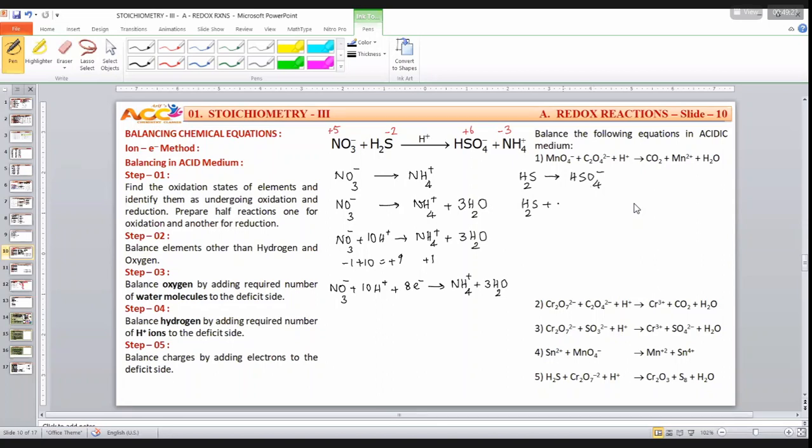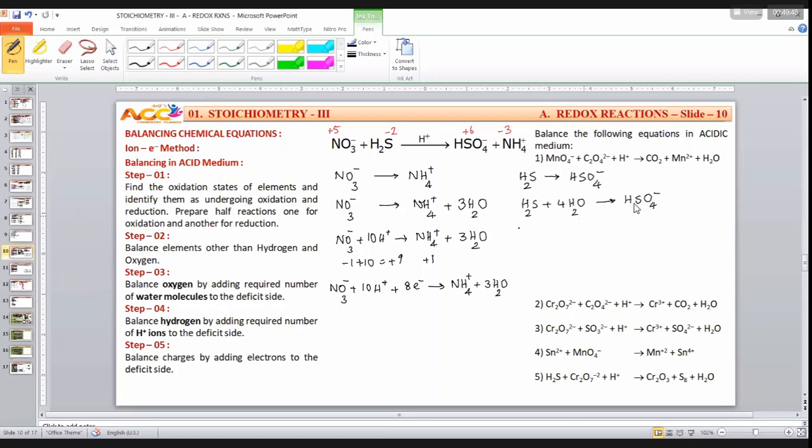Therefore, 4 H2O gives you HSO4 minus. Right? Come on. What is balanced? Elements are balanced. Oxygen is balanced.